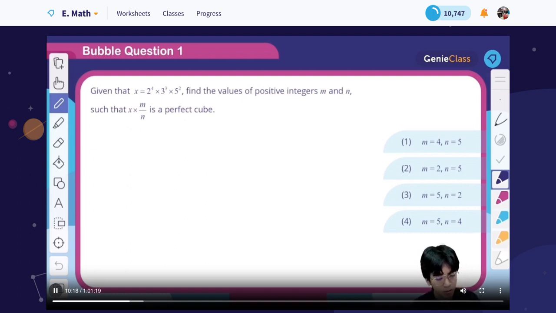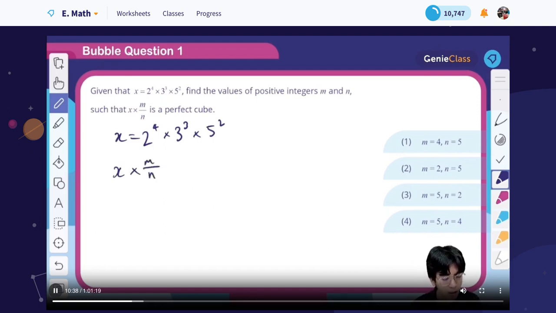So we have x equals 2 power 4 times 3 cubed times 5 squared. We want x times m over n to be a perfect cube.